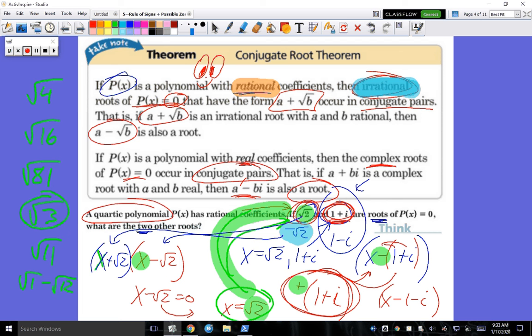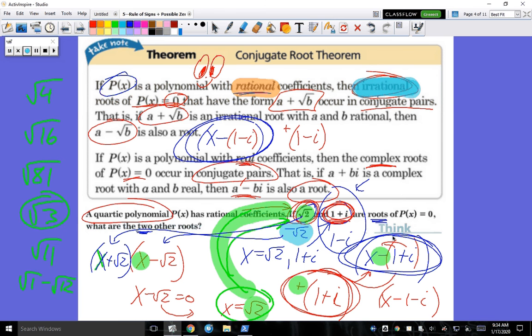Then the other one was 1 minus I. So 1 minus I would be like a positive piece, so that when I put it in, it would be x minus that positive piece. You see what I'm doing, guys? So this is one of them. This is the other one.